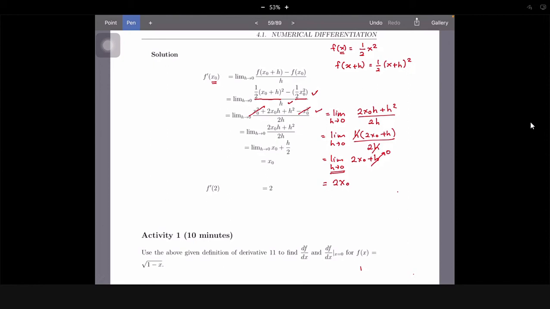Ada saya silap mana-mana ke? Cuba double check. Divided by 2. Betul.